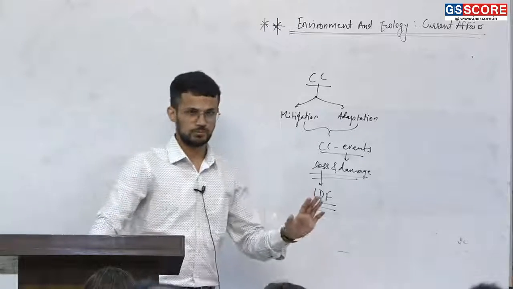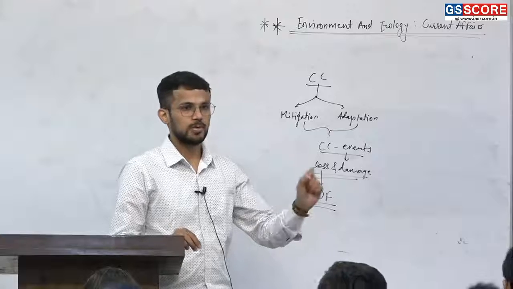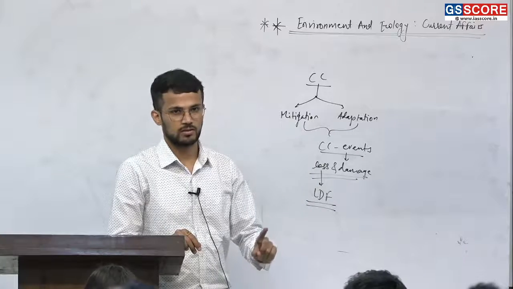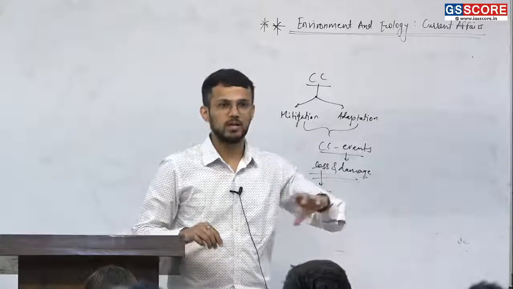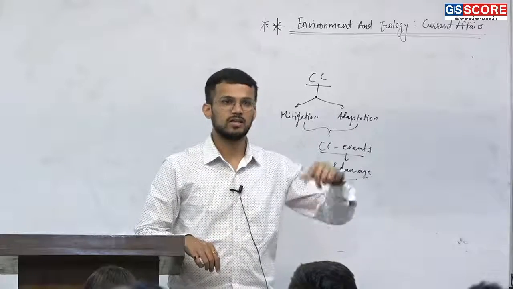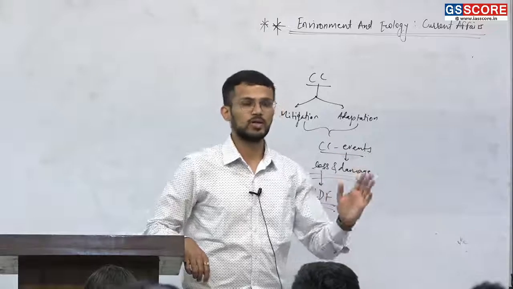We are improving with respect to area under forest cover, but the quantity of land that we should add under forest is still lesser than the goal that we have set by 2030.